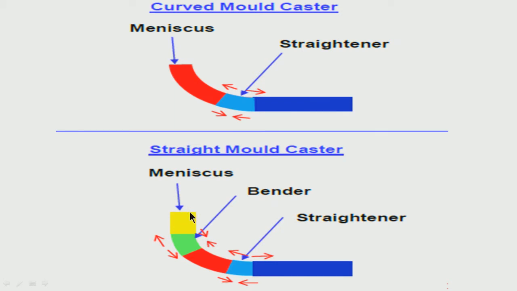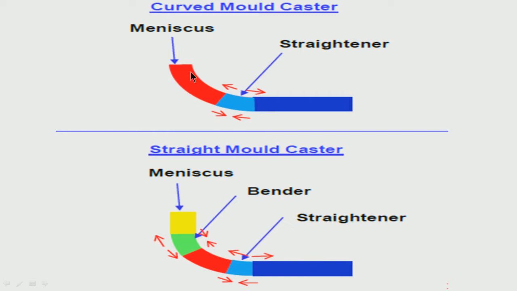That means, when there is a liquid slag here at the meniscus level, it will get absorbed. But here what is going to happen? When they are floating up, because the solid shell has already formed, there is a possibility of some inclusions getting entrapped in the solid shell which is forming during the initial stage of solidification. Here that possibility is not there because it is going vertically.